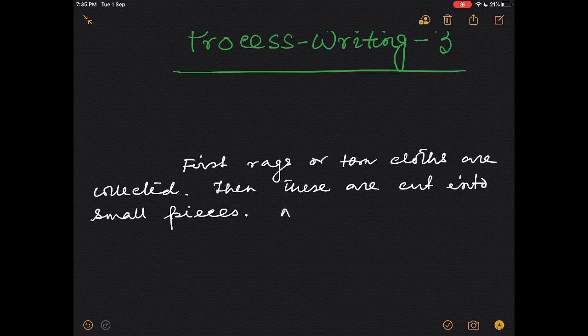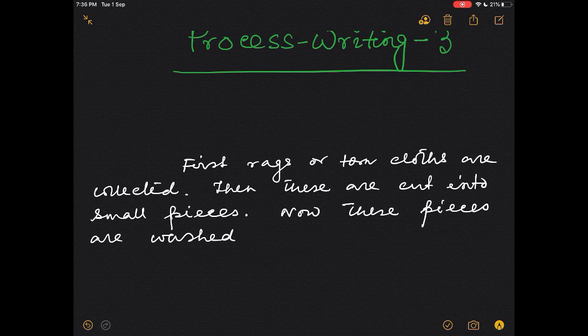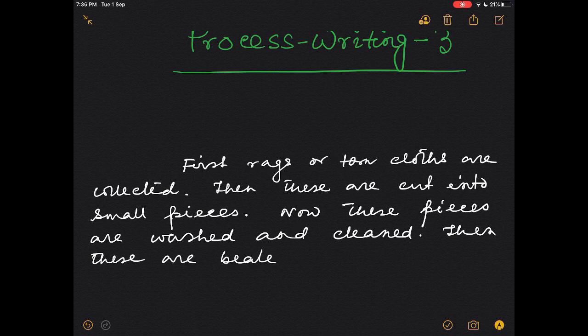Next, now these pieces are washed and cleaned. Then these are beaten into pulp.